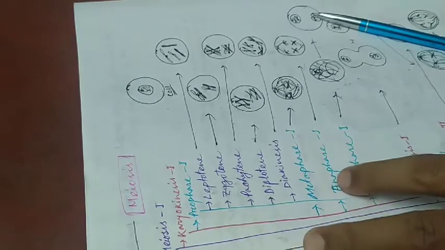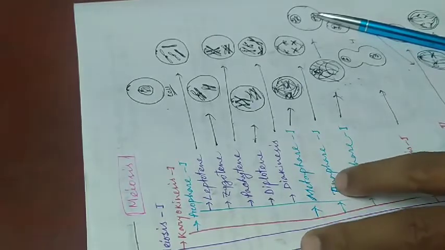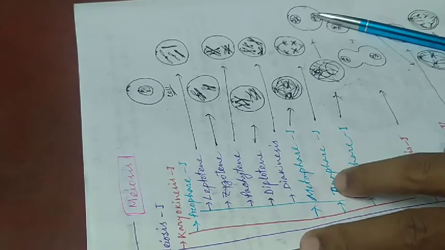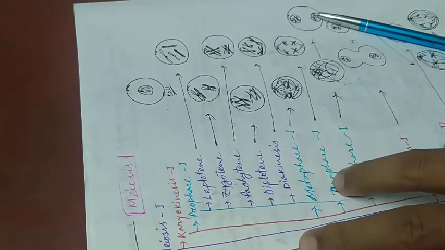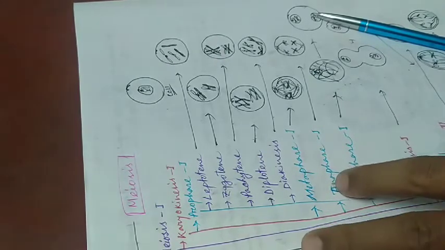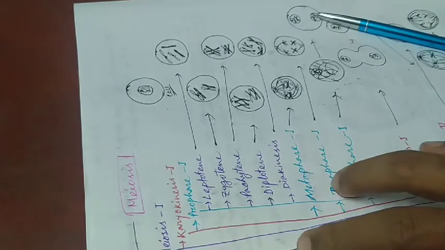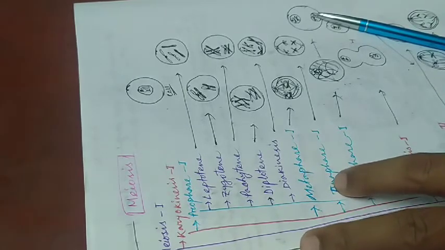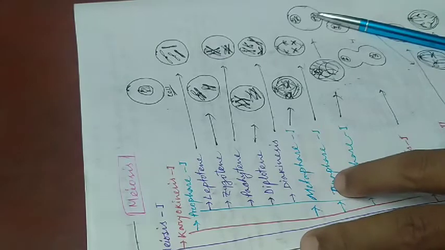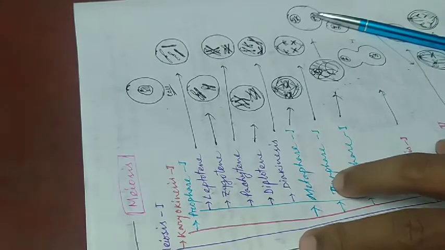The next part of the chiasma will interchange between the non-sister chromatids of the homologous pair. This process is called crossing over.